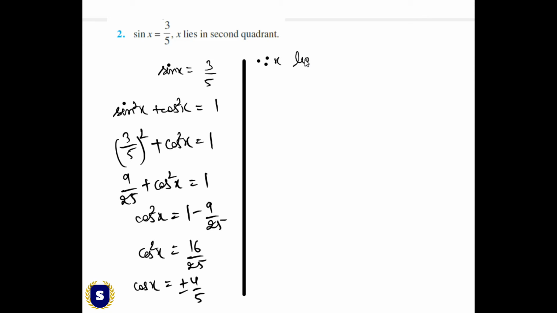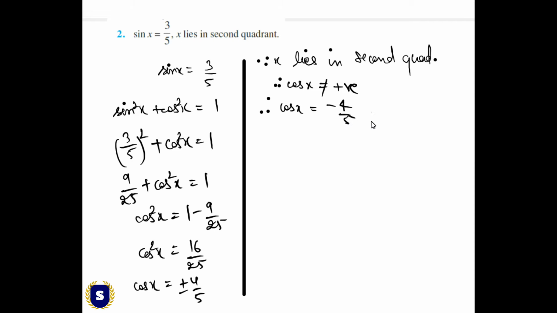Since x lies in the second quadrant, it is given to us, therefore cos x cannot be positive, because in the second quadrant cos x is negative. Therefore cos x is equal to minus 4 by 5.